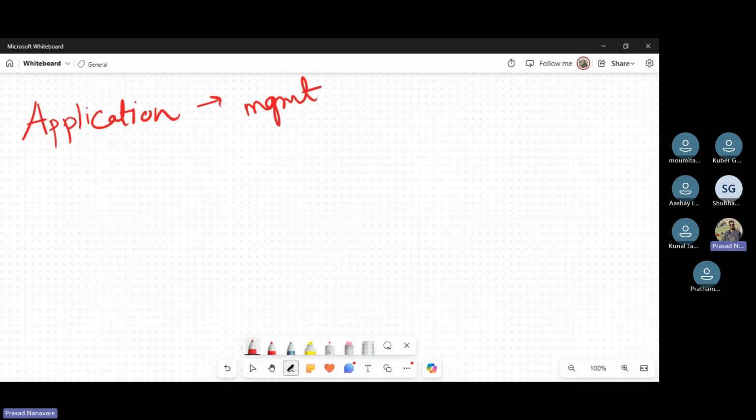If you talk about general purpose computing, then it comes out to be a web browser that Ramesh pointed out earlier. So the application layer in IoT architecture is the topmost layer that interacts directly with the end user.